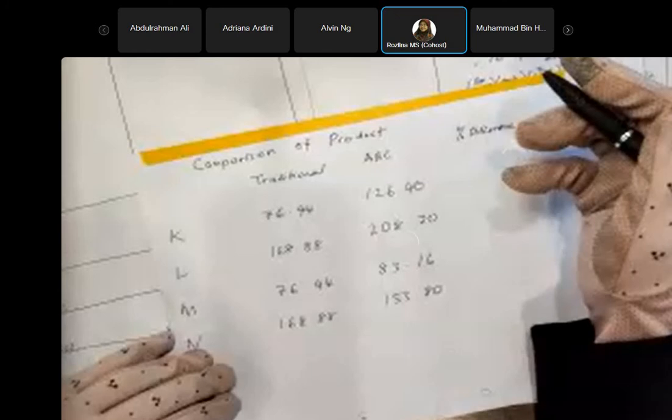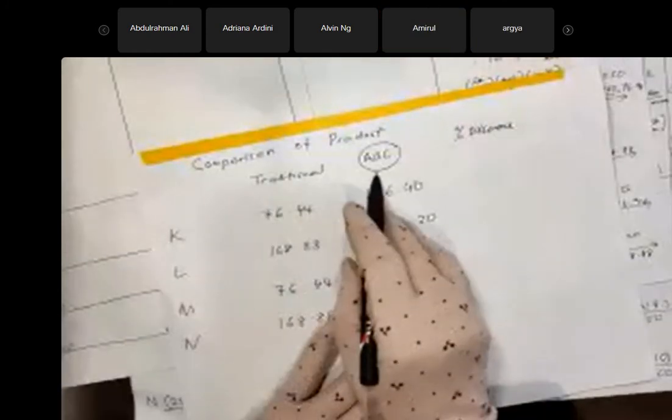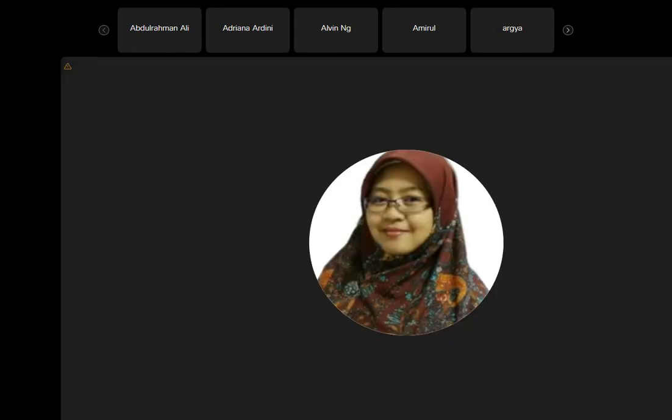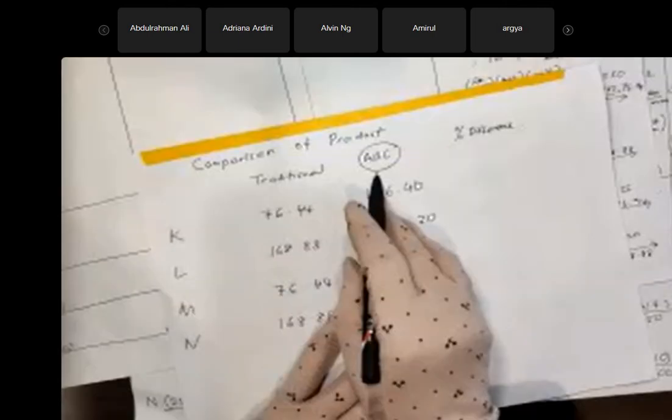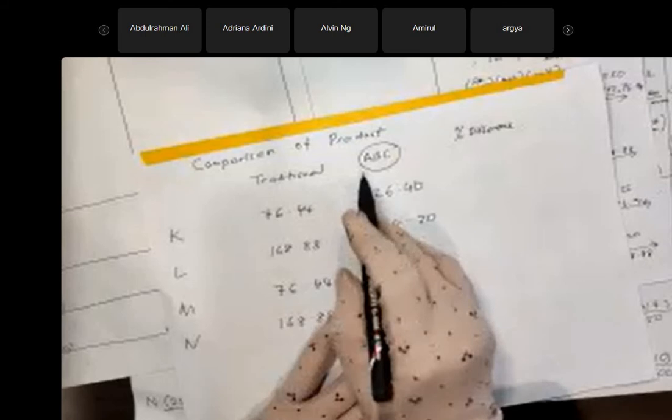So you have to compare the traditional and ABC. Which one is over cost and which one is under cost? The traditional shows 76, this one is 126. So is it under cost or over cost?